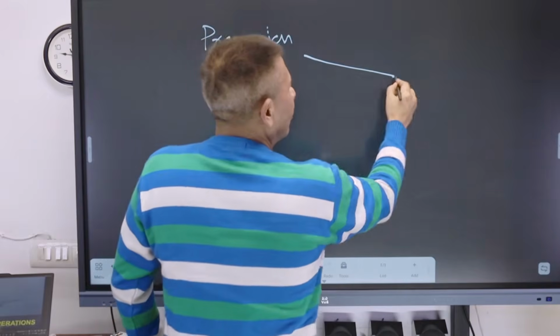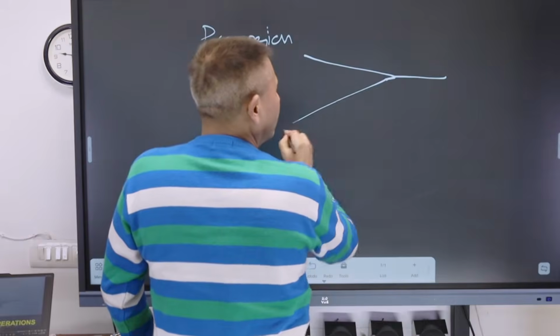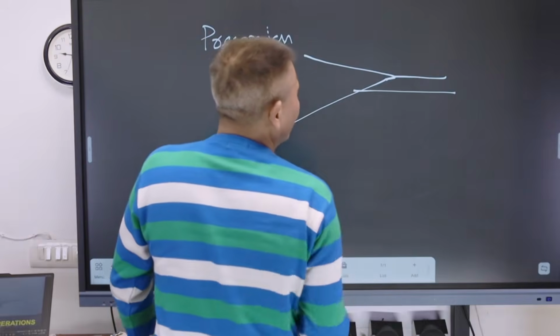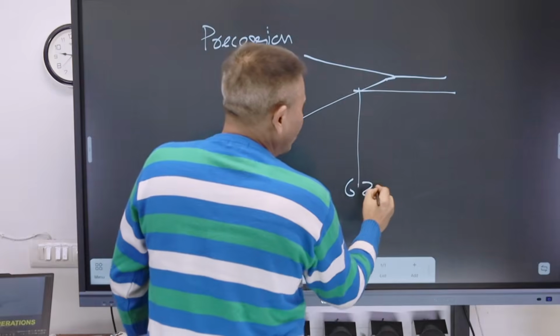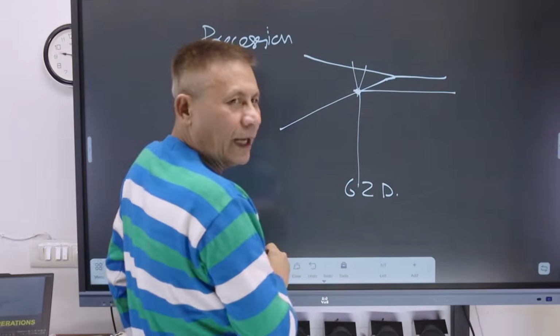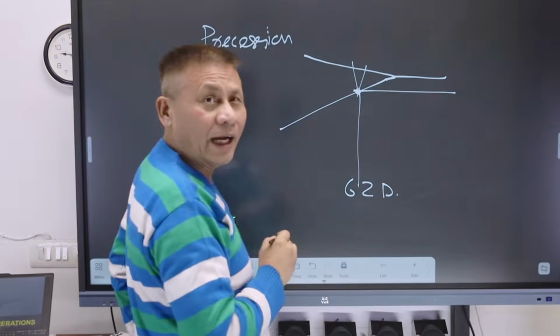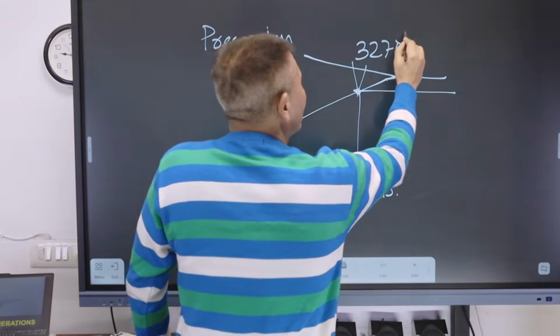This is the initial approach, intermediate approach, and after that you intercept, for example, the glide path here at a particular distance, that is 6.2 DME. You intercept the glide path here. At this point, the exact height is given, which you should be at, let's say 3270 feet.